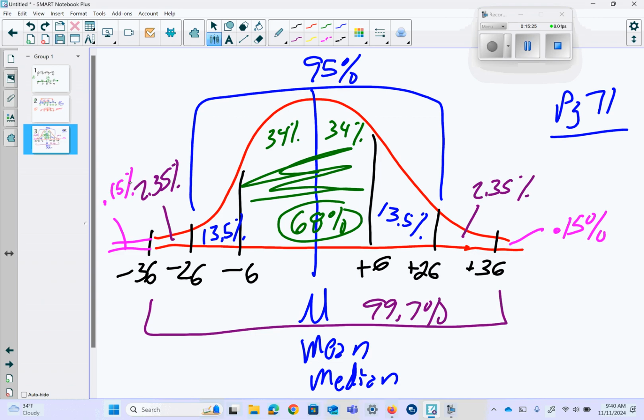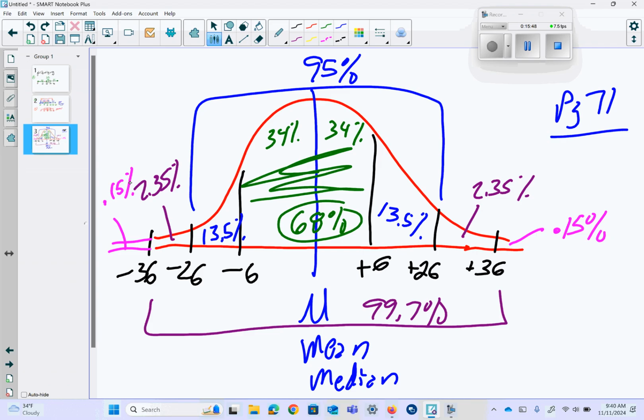Okay, so they say that 68% of the data lies within one standard deviation. So 68% of our data falls in this area. This is 68% of the area under the curve. If I go a little bit further out, if you add 13.5, 34, 34, 13.5, you come up to 95%.